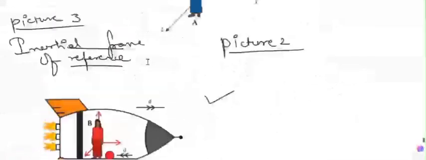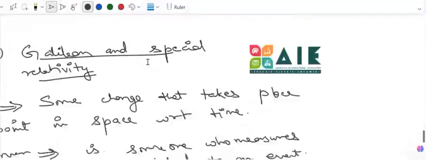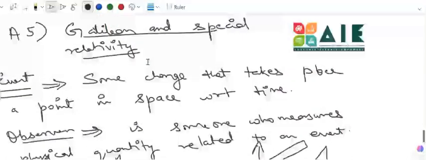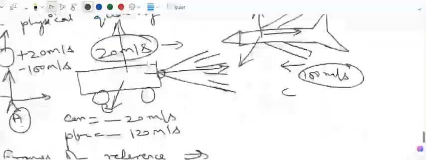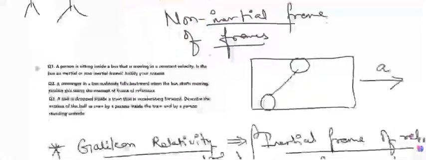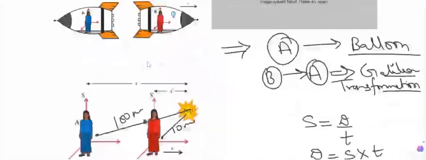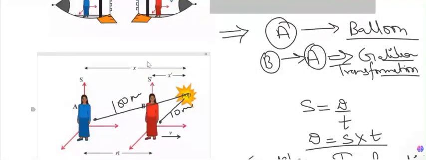I have tried my level best to explain non-inertial frames of reference, Galilean and special relativity. These pictures give you an explanation of everything.